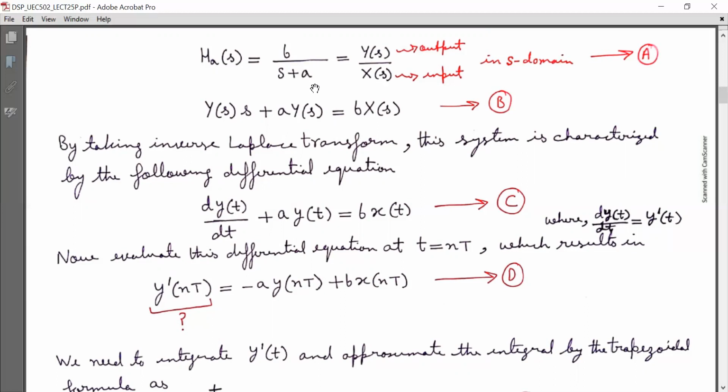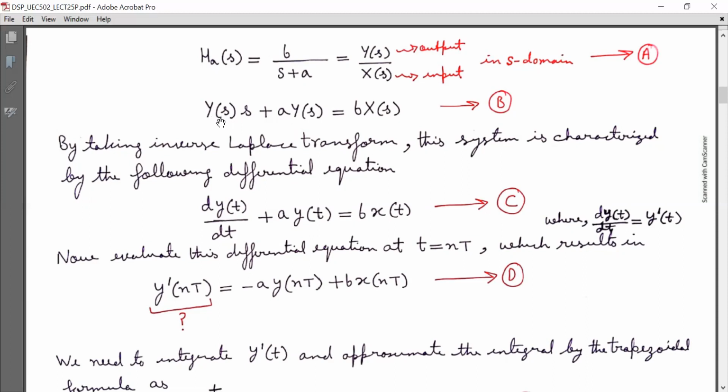Now its simplification leads to equation B, that is sY(s) plus aY(s) is equal to bX(s). By taking inverse Laplace transform, this system is characterized by the following differential equation.